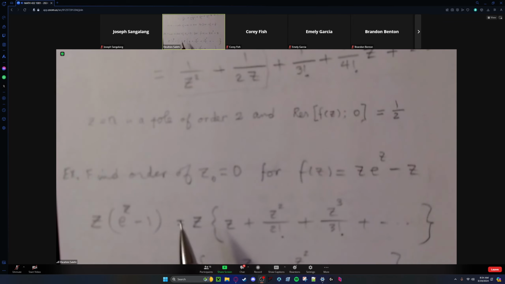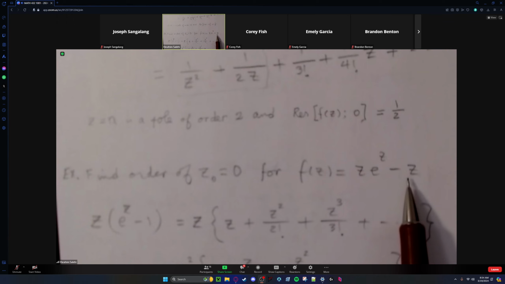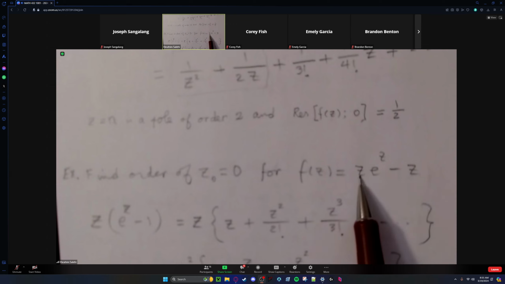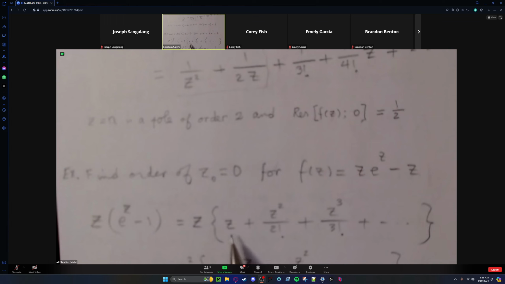Here's another function. This time we want to find the zeros, the order of zeros, all right? Again, if you factor, you get e to the z minus 1, and here is e to the z minus 1. So you factor z, get z squared, okay?